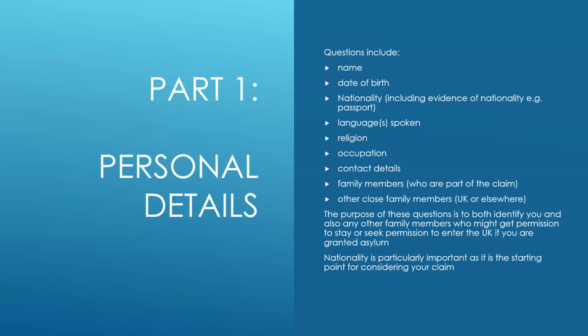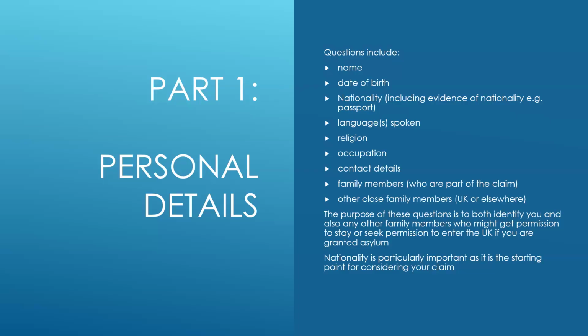So the personal details are questions about name, date of birth, nationality, including whether you've got any evidence of what your nationality is, what language or languages you speak, what religion you are if you have any, what occupation you have, if you've had any work in the past, any contact details, so that's phone number, email address if you have them, address if you happen to have one already, family members who are with you in the United Kingdom, so they might be dependents on your claim, and then other close family members who are in the UK or indeed in any other country.